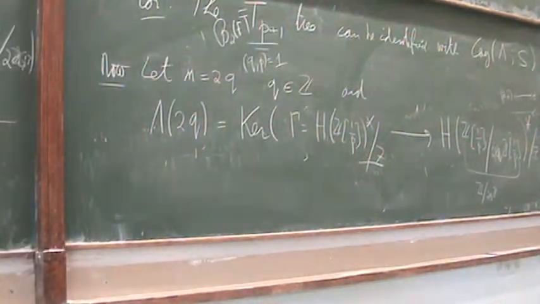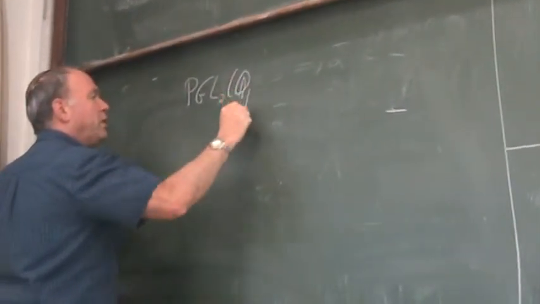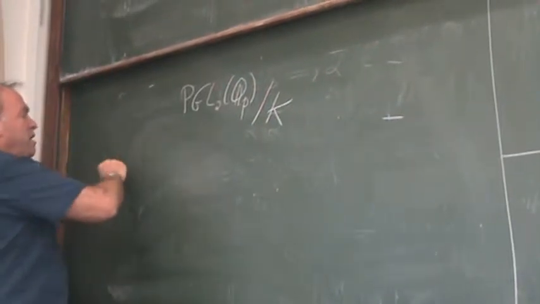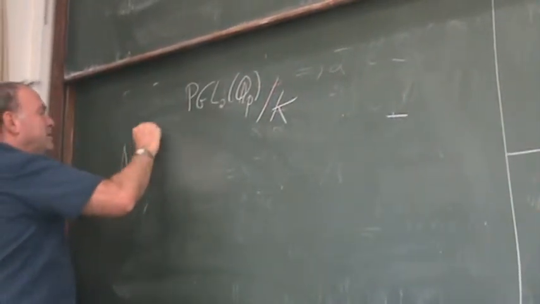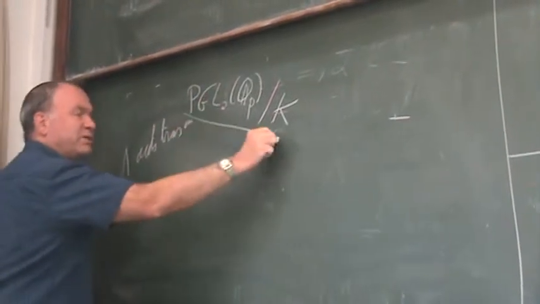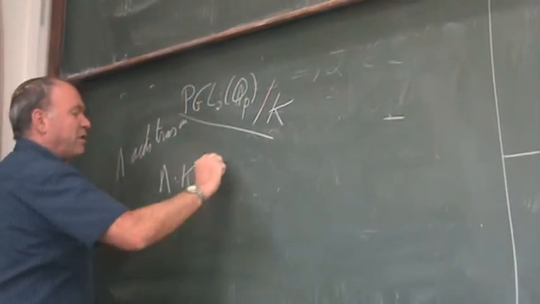Because we can identify the vertices. You remember that the vertices are equal to PGL2 of Q_p divided by a maximal compact subgroup K. If lambda acts transitively on this, it really means that lambda times K is everything.